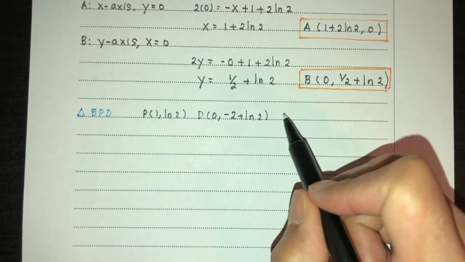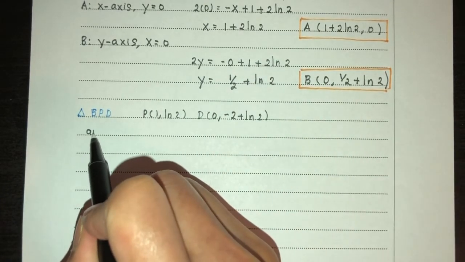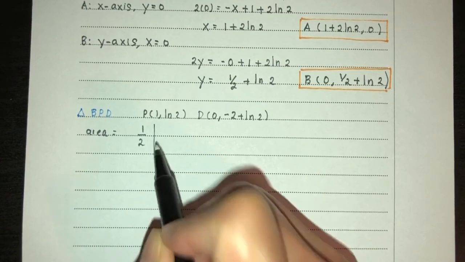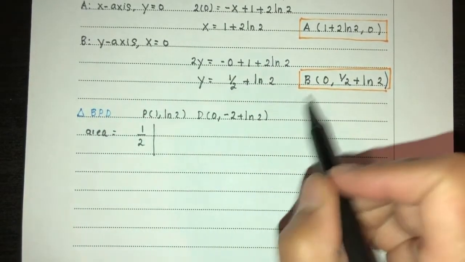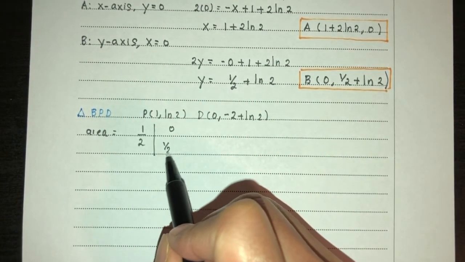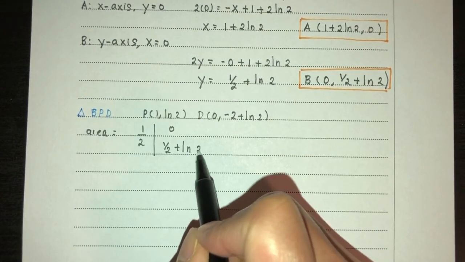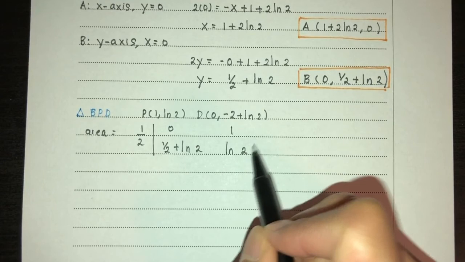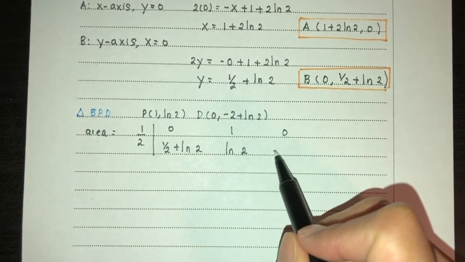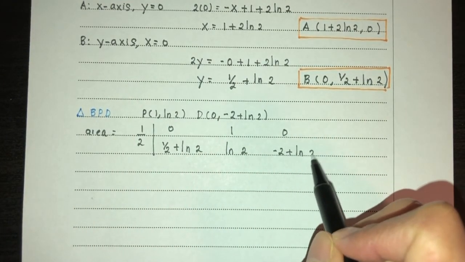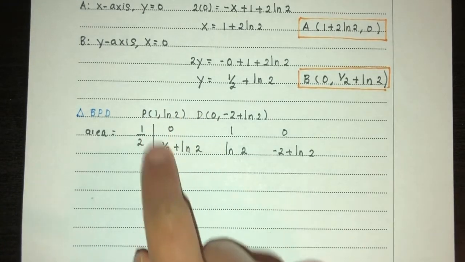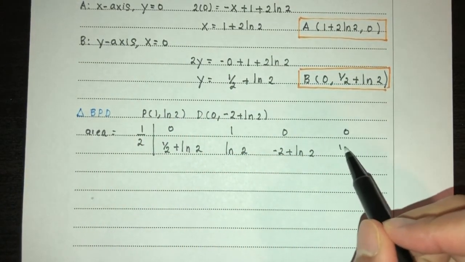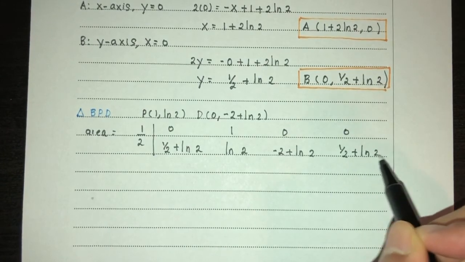To find the area, we can use the array formula, which is half the modulus of the first point, which is B. That'll be 0 and then half plus ln 2. And then we have P, which is (1, ln 2). And then D, we have 0 and minus 2 plus ln 2. And then you have to end with the first point. So you begin with a point, you have to end with that point: 0 and half plus ln 2.